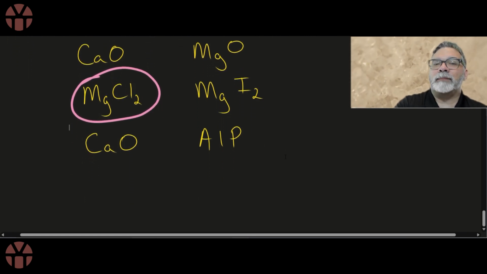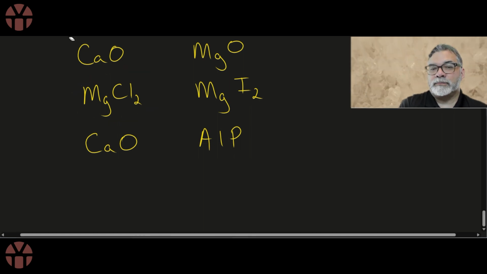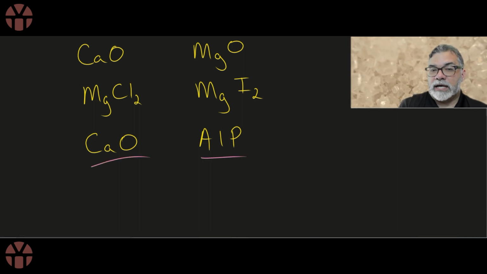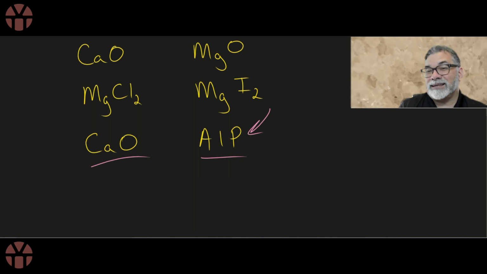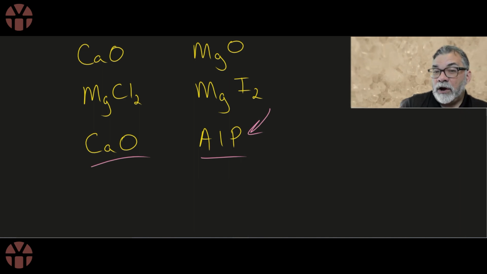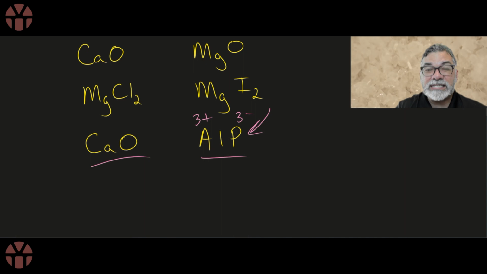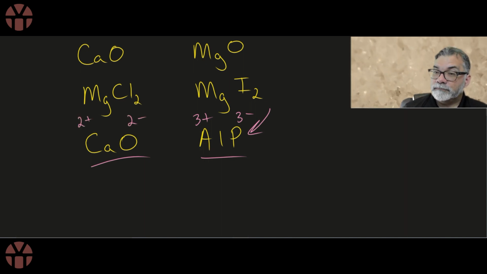Now, for the last example, I'm throwing a bit of a curveball. And here's why. If you asked me who has the higher melting point between the calcium oxide and the aluminum phosphide, I would want to pick the aluminum phosphide. The reason is that here you're looking at +3 and -3, so the differential here is roughly 6, as opposed to +2 and -2 for calcium oxide.